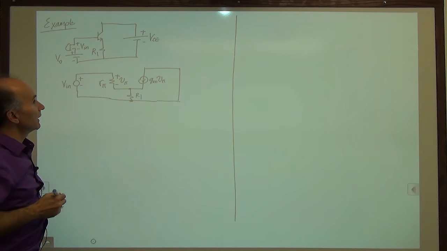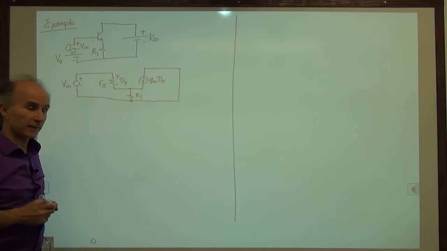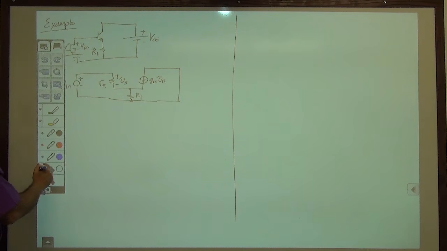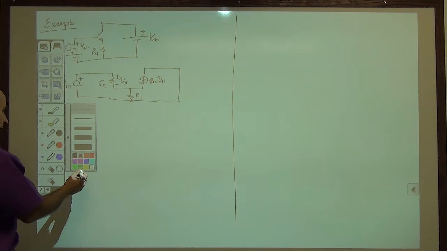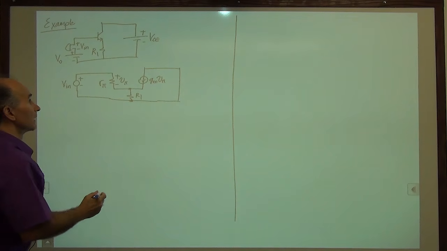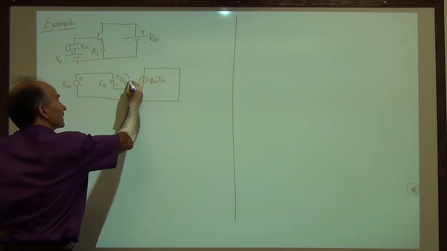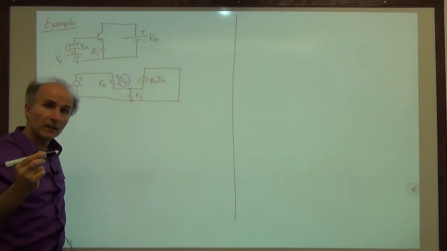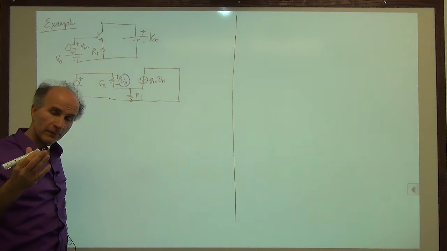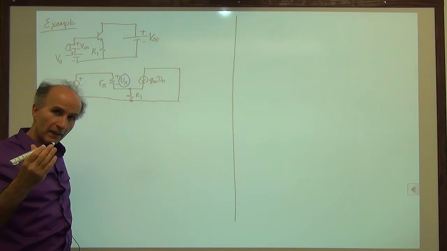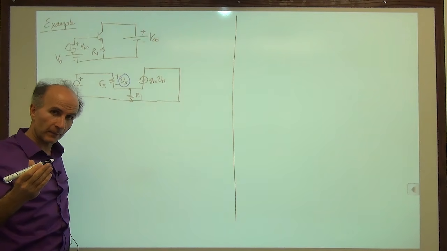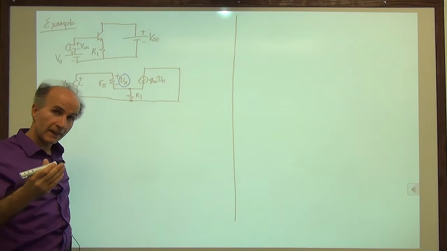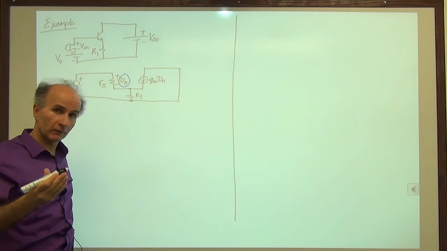Okay, so it's important to remember a few things. It's important to remember that this V pi represents the signal quantity, or the component that appears between the base and emitter. In other words, it is the change in the base emitter voltage.